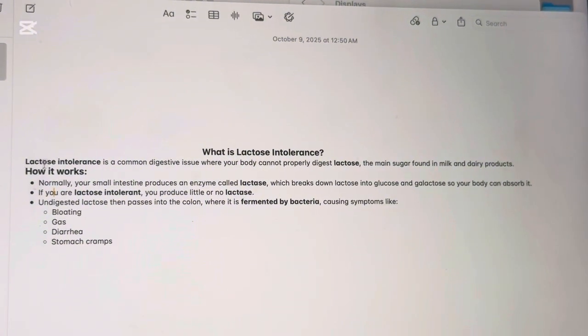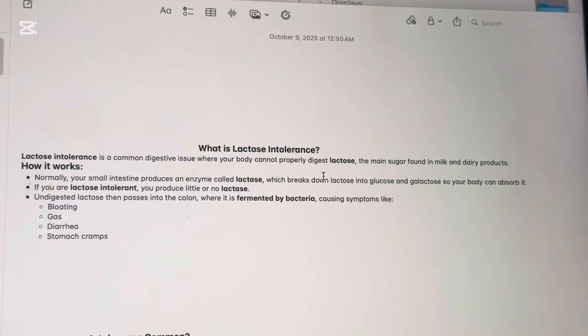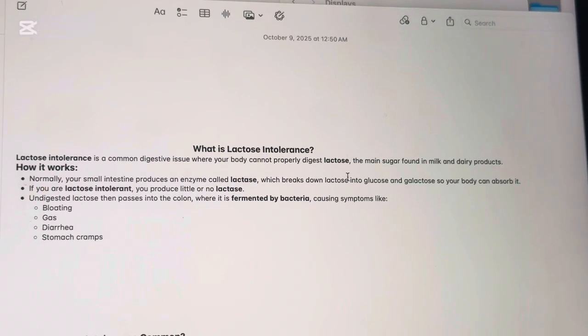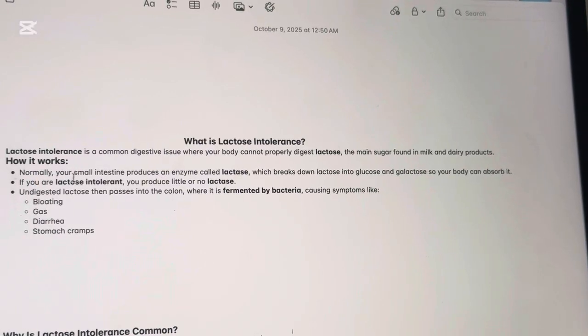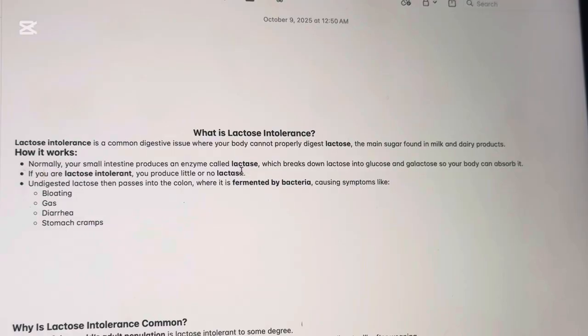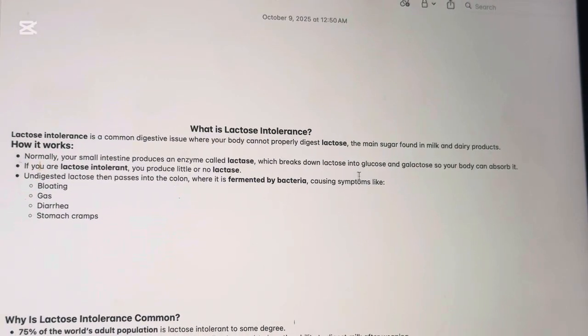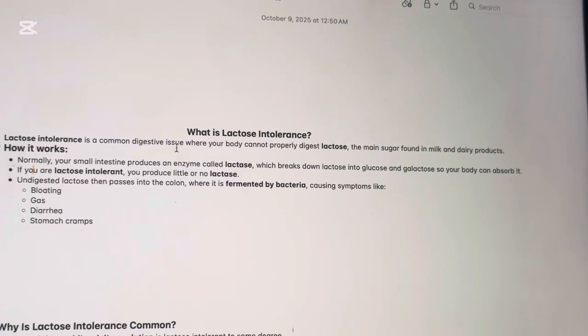So to summarize, lactose intolerance is a common digestive issue where our body cannot properly digest lactose, which is the main sugar found in milk and dairy products. Normally, our intestine produces an enzyme called lactase, which can break down lactose into glucose and galactose, so our body can absorb it.